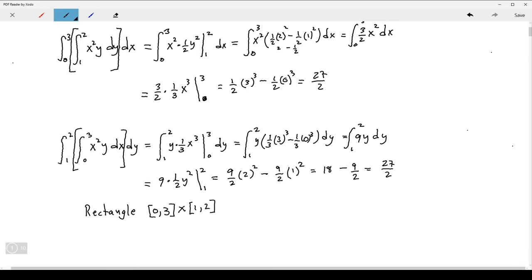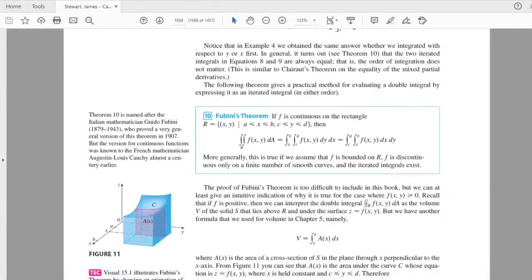The theorem is attributed to a mathematician by the name of Fubini, which everybody loves that name. It is basically giving us the ability to swap the order of integration.